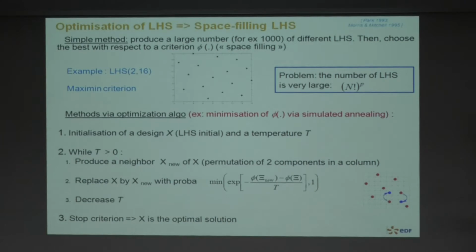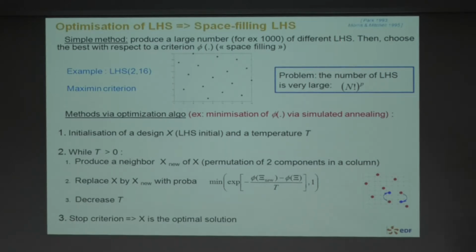So the idea now is to optimize the LHS using a space-filling property that I have explained before. For example, the maximin or the discrepancy criteria. The simplest method would be, I don't know the word in English, but this is a brute force approach. I make many LHS, for example 1000, and I choose the best.